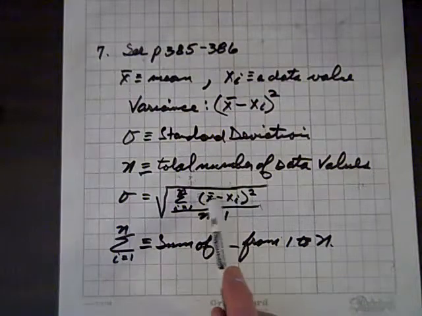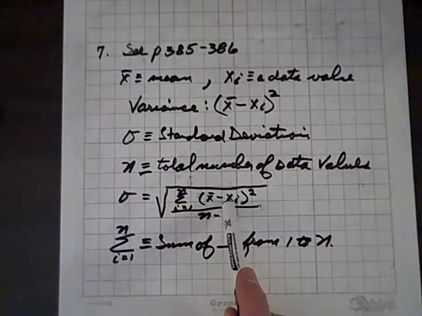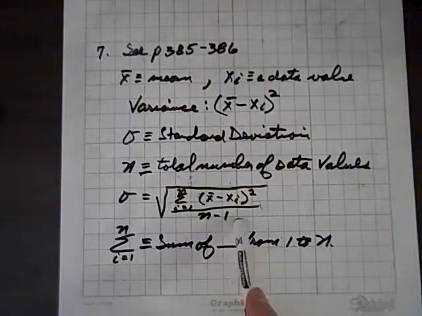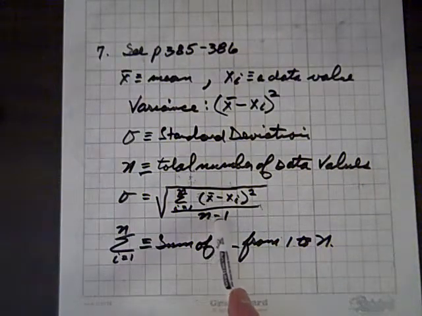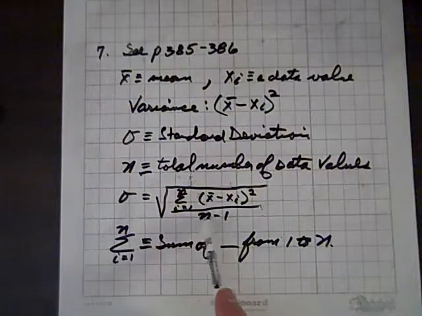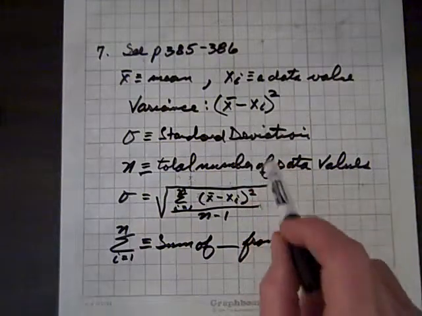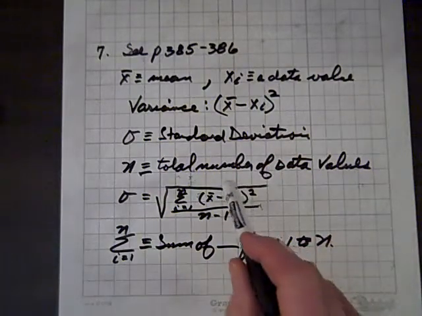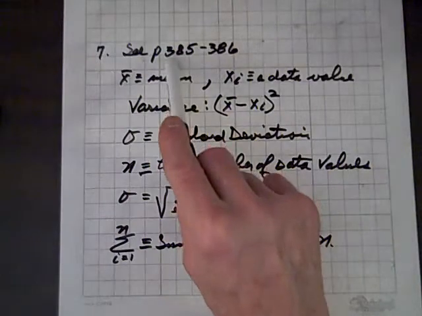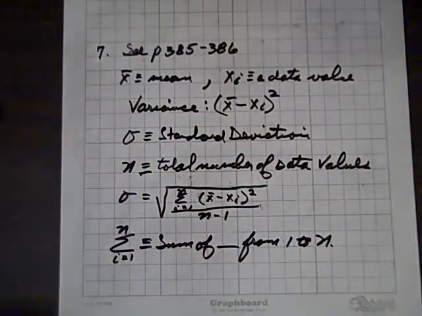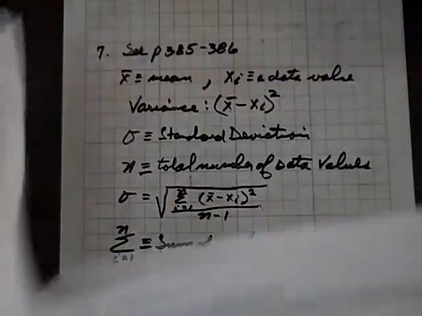So summation of the variance divided by n minus 1. If there's 10 data values, then 10 minus 1 would be 9, for example. So you plug in your values and compute your standard deviation. And please look at the information on pages 385 and 386. And by the way, the appropriate standard deviation is choice B, which is 5.9.